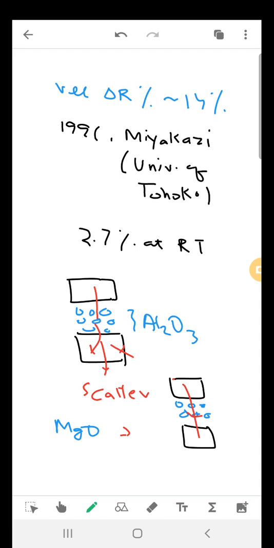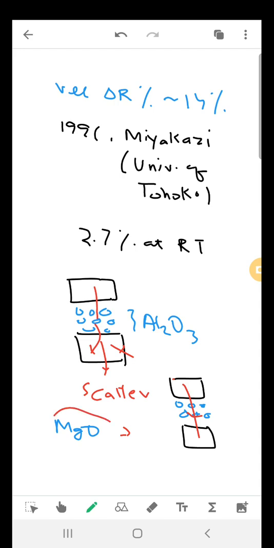So the nature of the oxide also plays a very important role. It's not the nature of the oxide, but how the molecules of the oxide are placed.